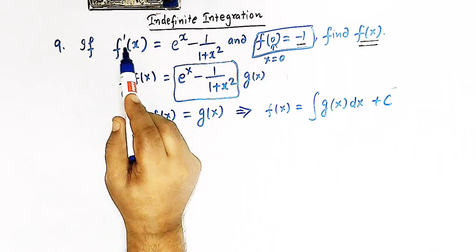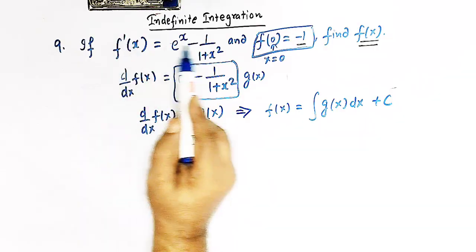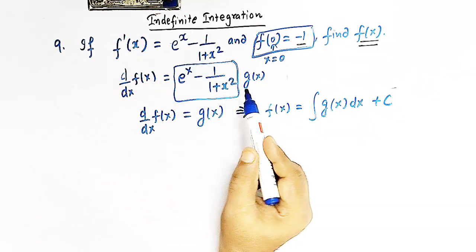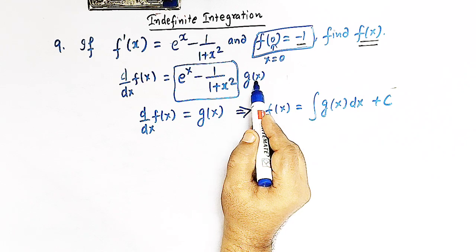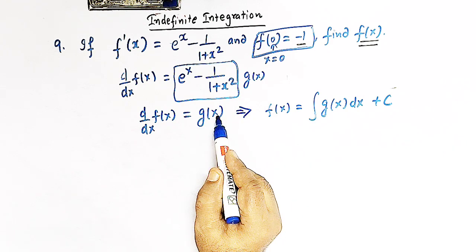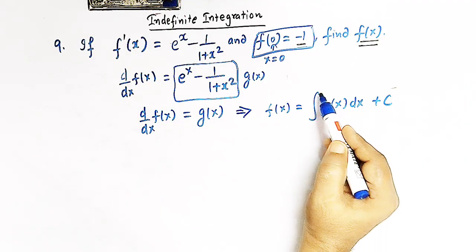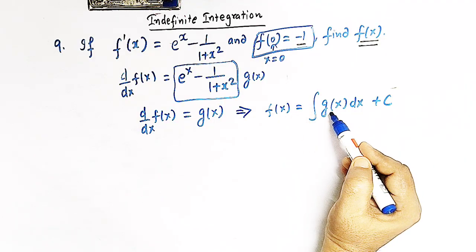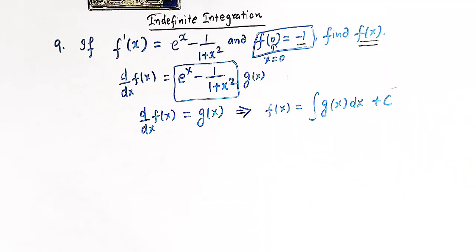Here we are given the derivative of f of x, that is f prime of x, is equal to this function, and we have assumed this function as g of x, right? So when the derivative of f of x is equal to g of x, then f of x is given by the integral of g of x plus c, where c is the constant of integration.